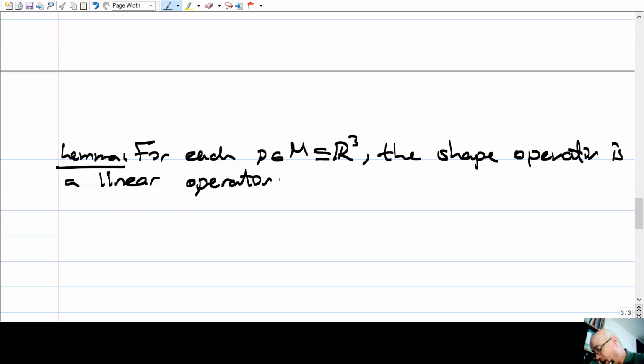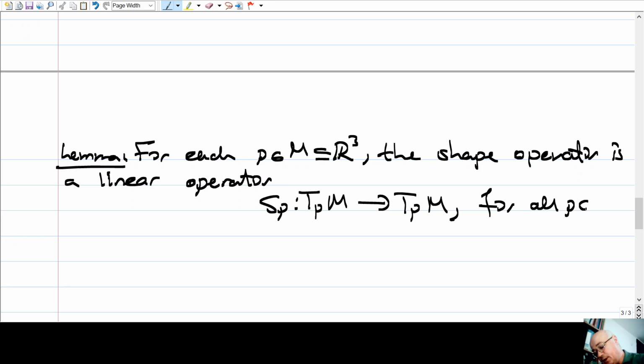So it's a linear map, and a linear operator means it is defined on a vector space, in this case the tangent space, and it takes values in the same vector space. So we claim two things.